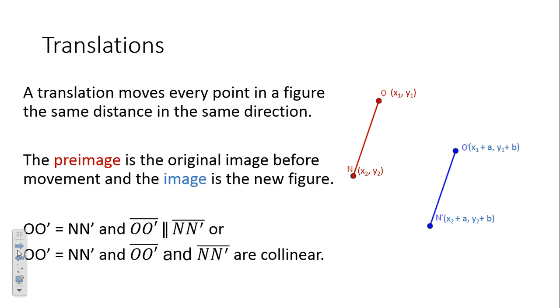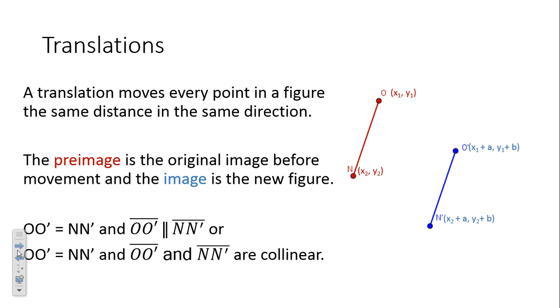So a translation moves every point in the figure the same distance and the same direction. Your original image is called the pre-image. And after the movement, it's called the image. So we've moved segment NO to segment N prime O prime.